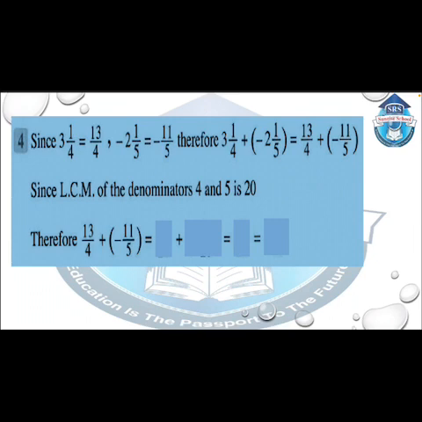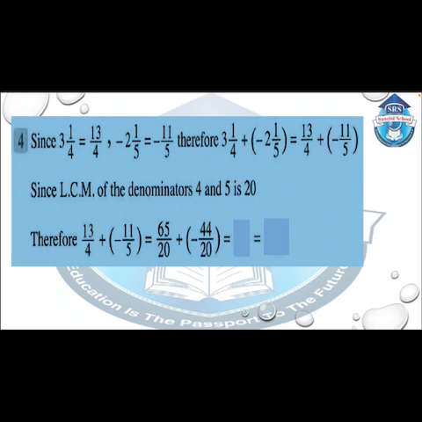Now I will try to make the same denominator, which will be 20, and 13 multiplied by 5 will give us 65. The same I will do with the negative 11 over 5. 5 multiplied by 4 will be 20, and 11 multiplied by 4 will be 44. So it will be negative 44 over 20.